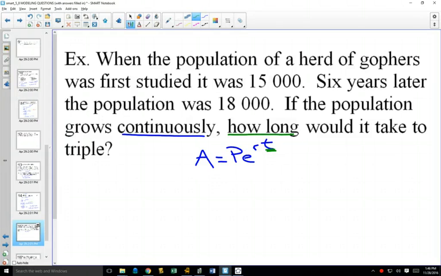So the question is, do we know A, do we know P, do we know r? We don't know r. We've got a problem. We're told that it grows continuously, but we don't know r. Before we can solve for t, we are going to have to find r first.